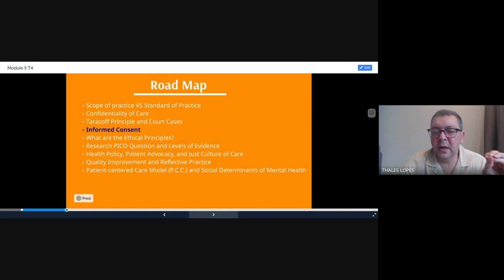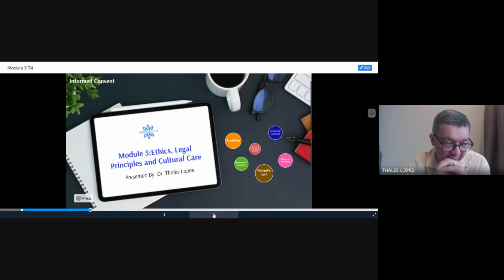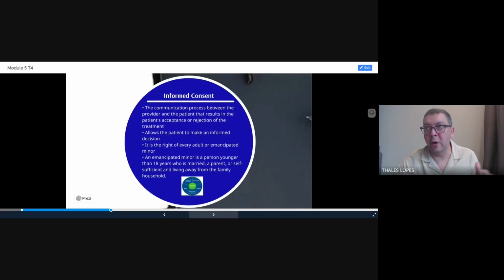So now we are going to talk about informed consent, which is one of the patient's rights. Don't confuse confidentiality with informed consent. As a nurse, we always think of informed consent before a surgical procedure, but it's applicable to anything that we do, because informed consent is a communication between you and the patient that says, do you accept or reject this treatment?